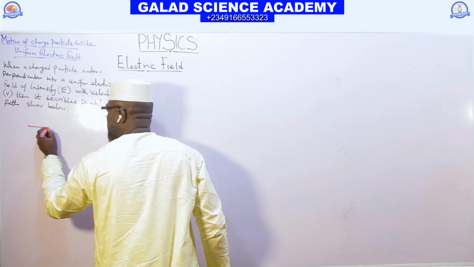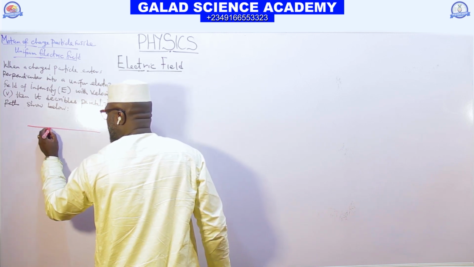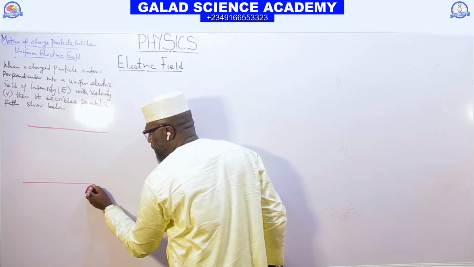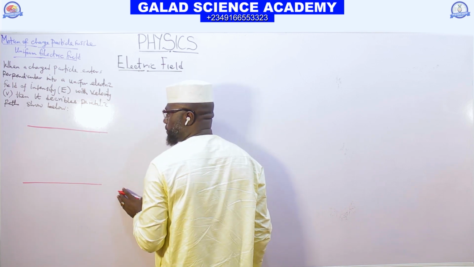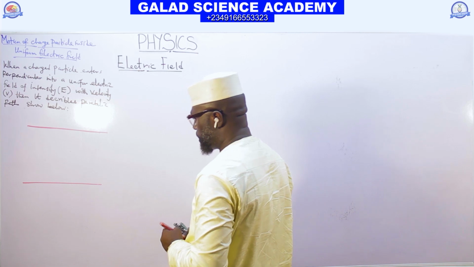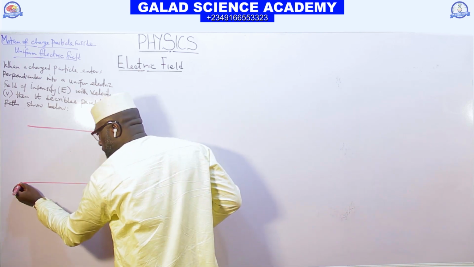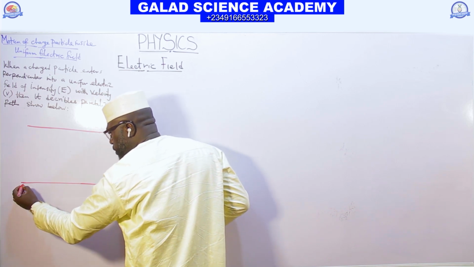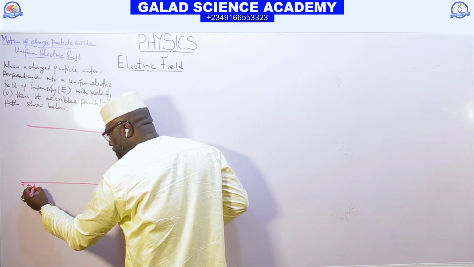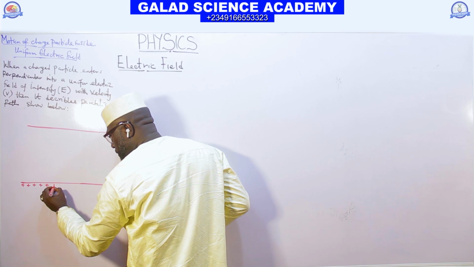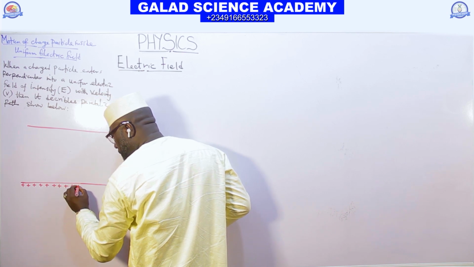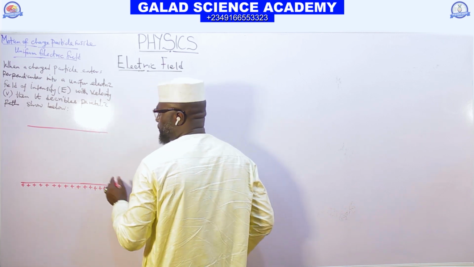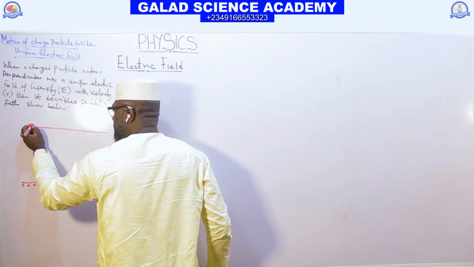If you have this line and we have another one here too, so assume this place contains a positive charge and this place contains a negative charge.